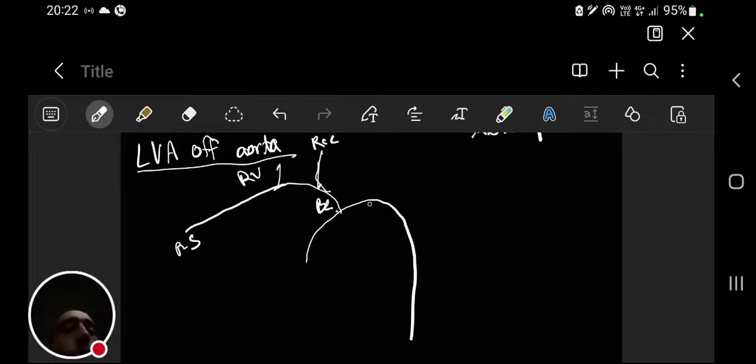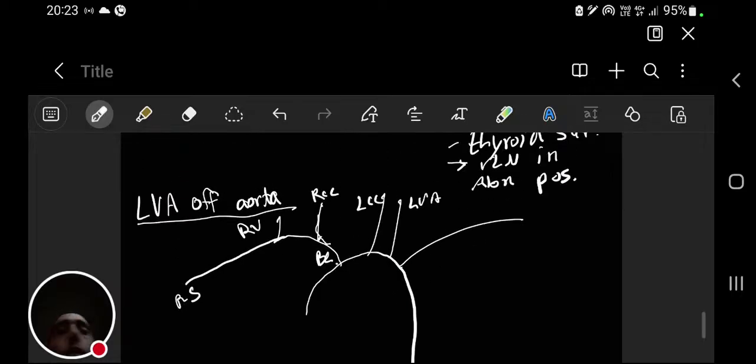Yet we have the left common carotid again coming straight from the arch of the aorta, which is normal, but here we have something that is not normal. This is the left vertebral artery, which usually comes from the left subclavian, but here it comes straight off from the arch of the aorta, and here is the left subclavian artery without the branch that is missing right over here. Where is the left vertebral artery?